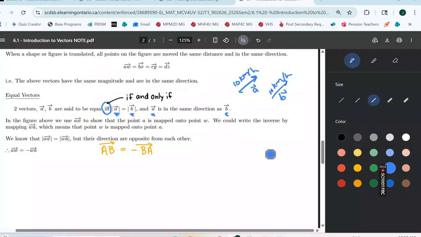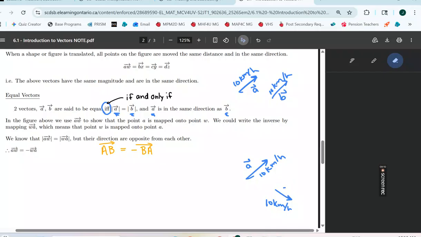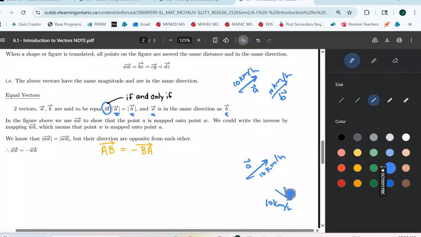If I all of a sudden did this, even though their magnitudes might be the same, 10 kilometers per hour, 10 kilometers per hour, they are not equal vectors, because they're not in the same direction.